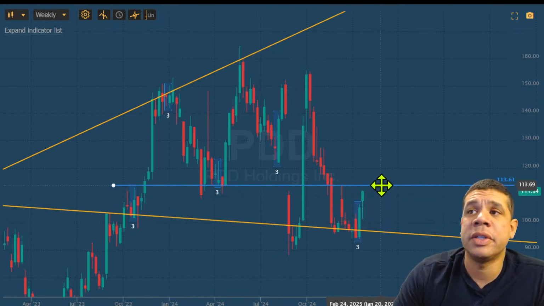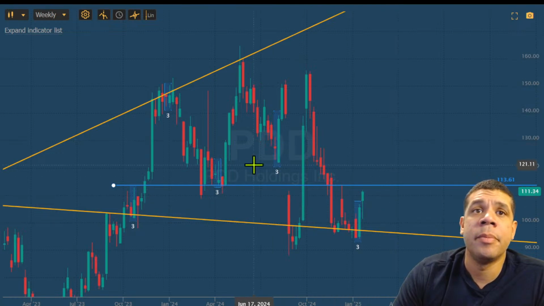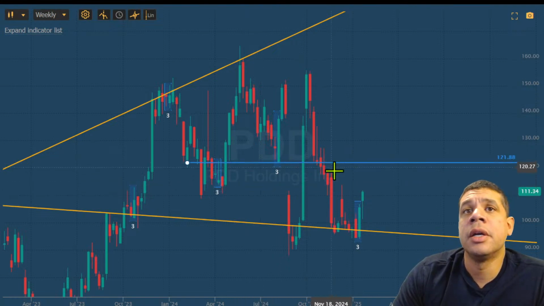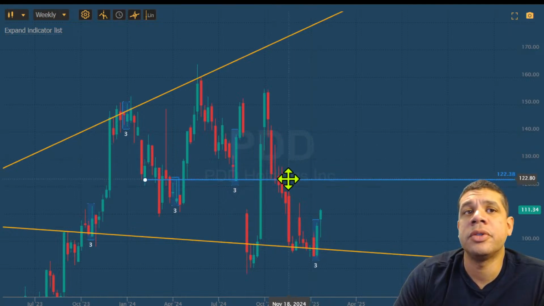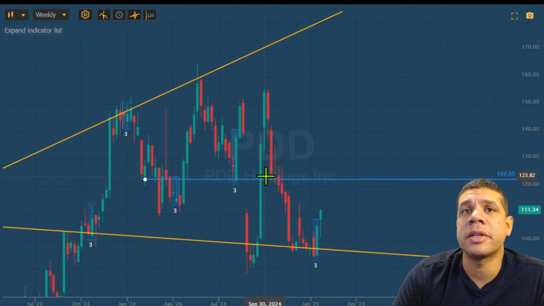Now, we want to see if it goes from 113 back through 122. Once it gets through 122, we're looking for this one from 121. Let's just say 122-ish, but it starts at 121. So once this one's complete, we're going to look at this one, from 122 all the way up to 139.